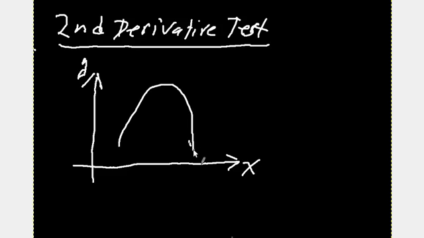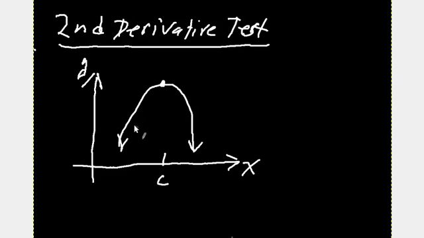So let's say that we have this time a graph of a function where it looks like there's a local maximum right at that point at C. Looking at the slope and sort of riding along on the graph, letting x increase, the slope is positive, positive, positive, but it's decreasing. It's going down until it gets to 0 at C. And then it continues to go down, so it becomes negative and more and more negative.